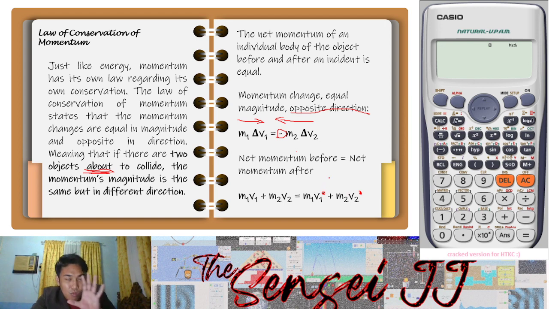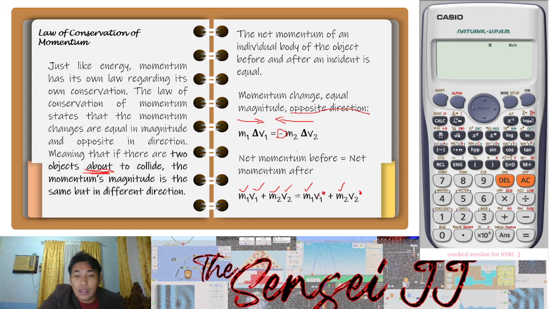So based on our videos a while ago, what can you say about the videos, guys? We have our initial mass for ball 1 and ball 2, and we have our initial velocity for ball 1 and ball 2 also. They are traveling in different directions, and once they collide, their mass will be the same, meaning nothing changed from their masses.